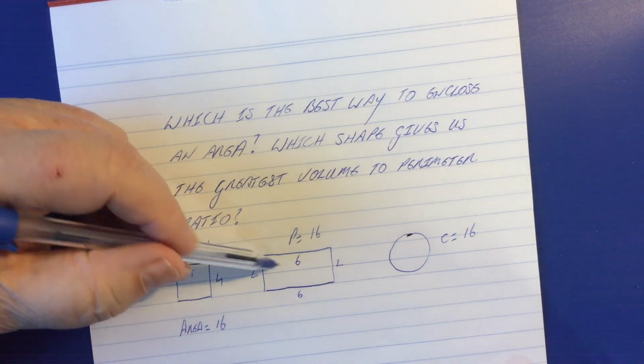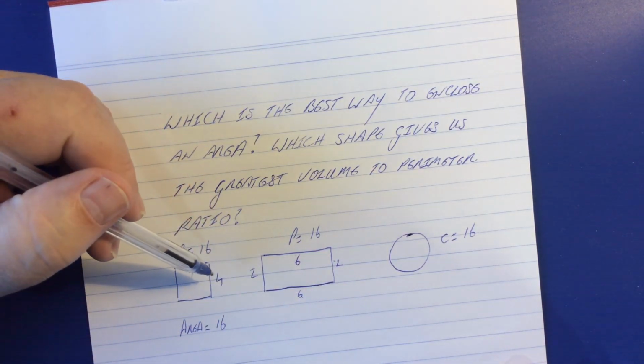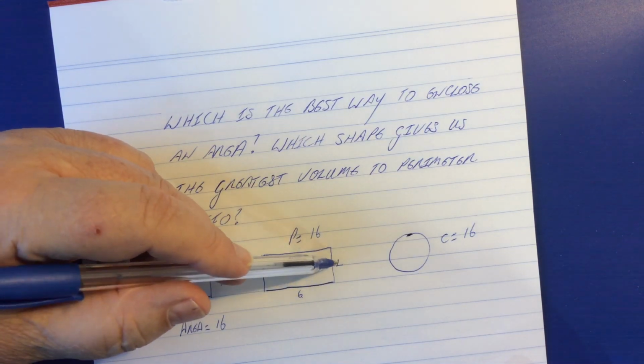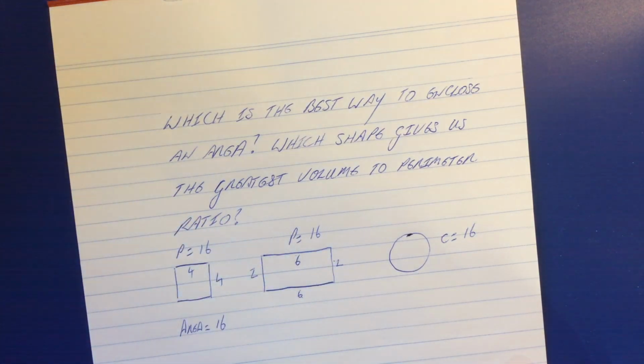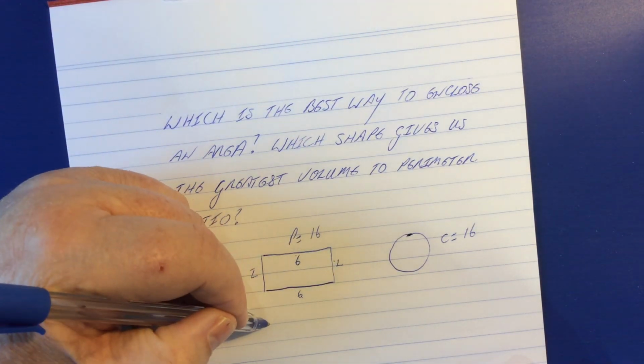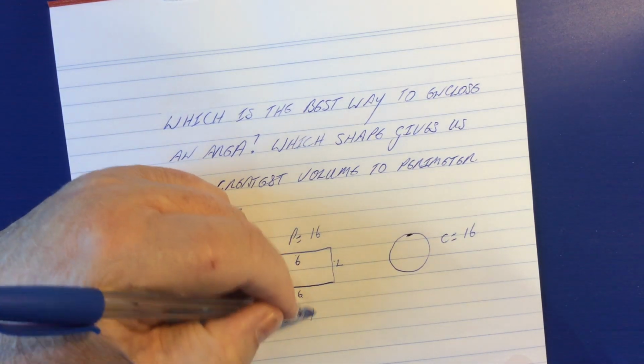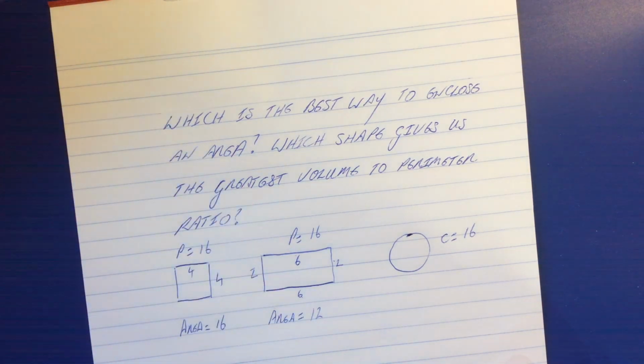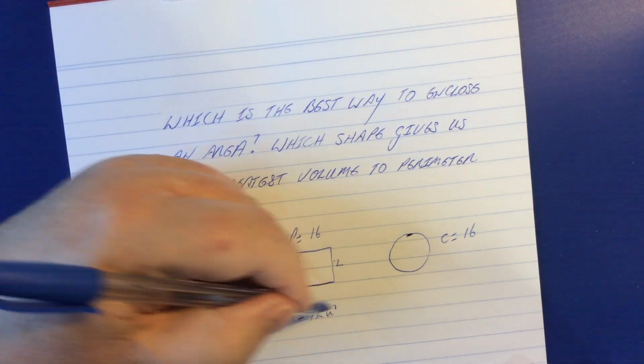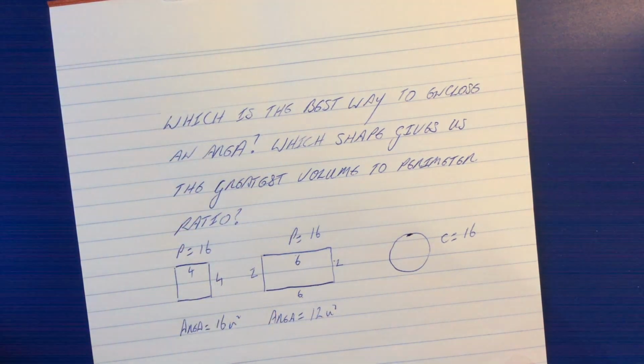You would agree that it's got a perimeter of 16: 6 and 6 is 12, 2 and 2 is 4, 12 and 4 is 16. But the area is only equal to 12 units squared. I suppose I should put that in, units squared.